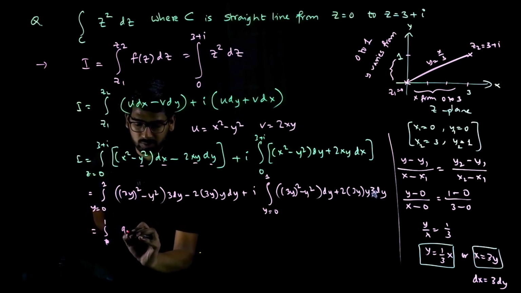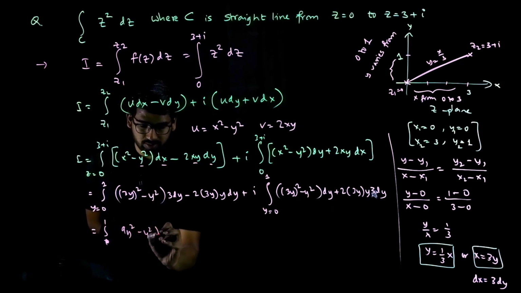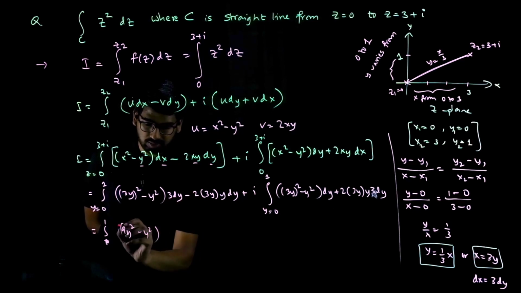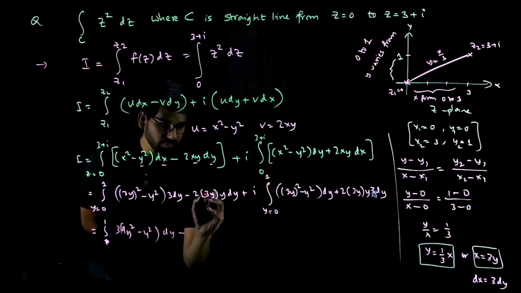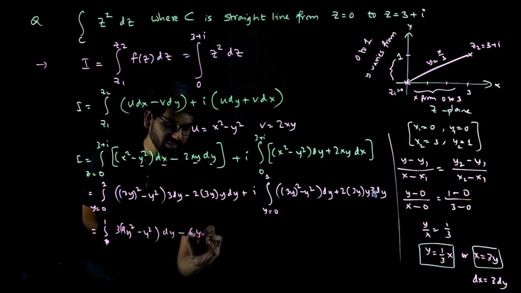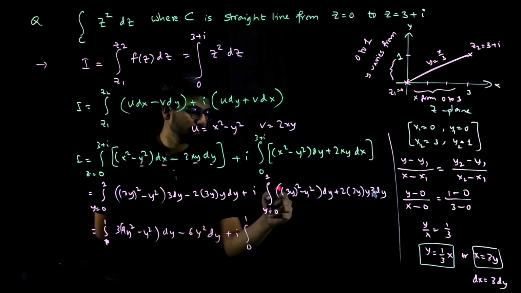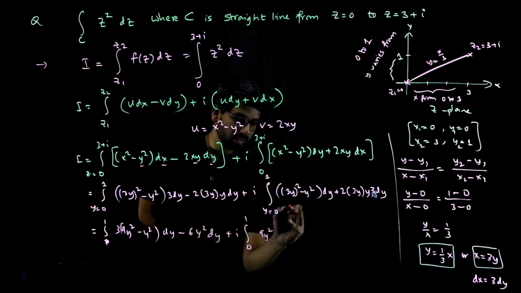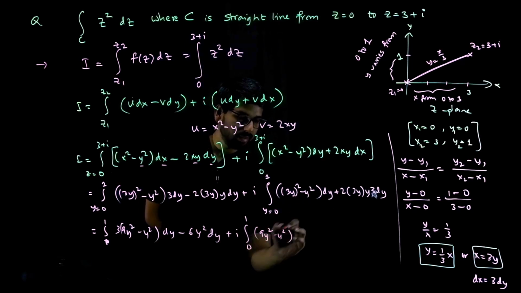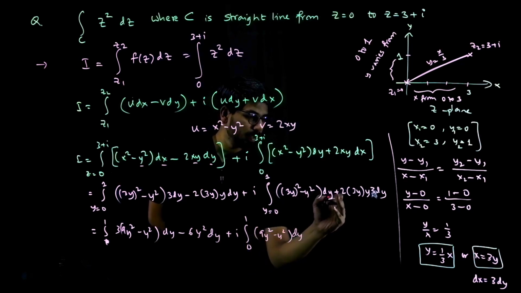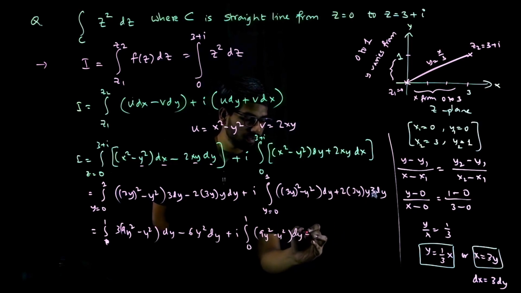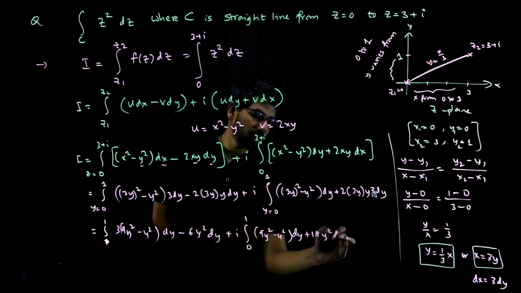(3y) square is nothing but 9y square, minus y square, times 3 dy, minus 2 times 3 is 6, y times y is y square dy, plus i from 0 to 1, (3y) square is 9y square minus y square dy, plus 2 times 3 is 6, 6 times 3 is 18, so plus 18, y times y is y square dy.